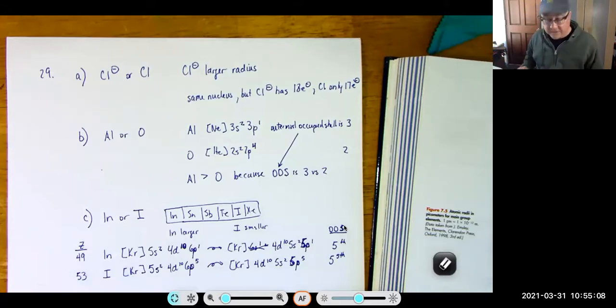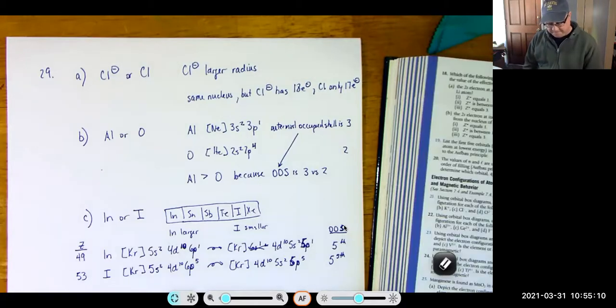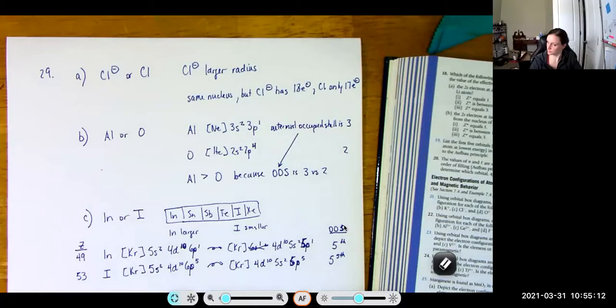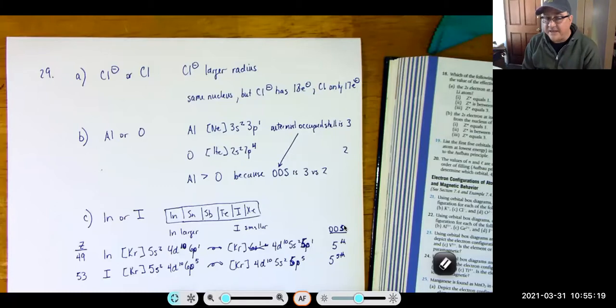Why? Because it has less positive attraction from the, no, smaller amount of protons. Iodine is smaller because it has more protons, pulling the electrons in tighter. Yeah.